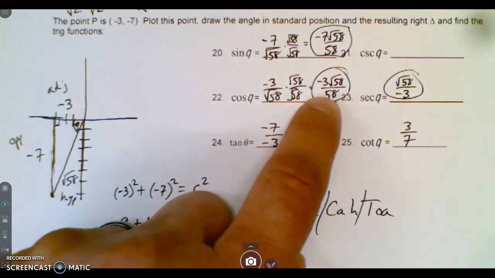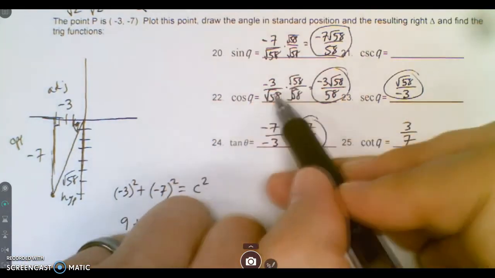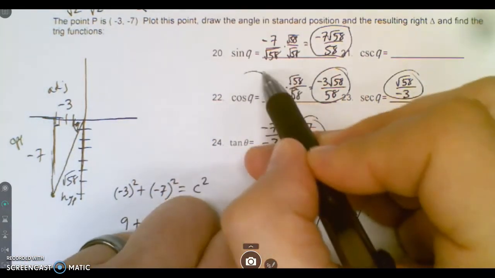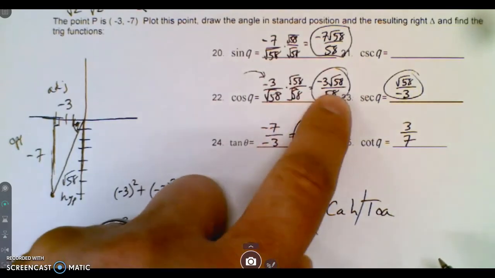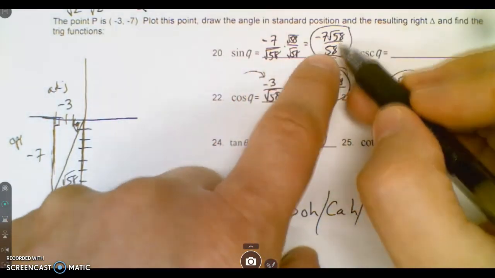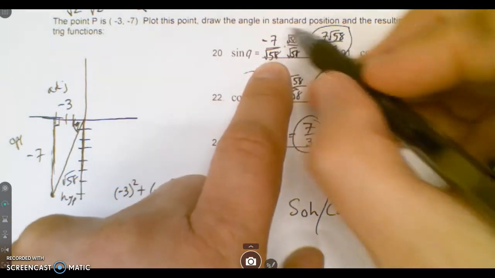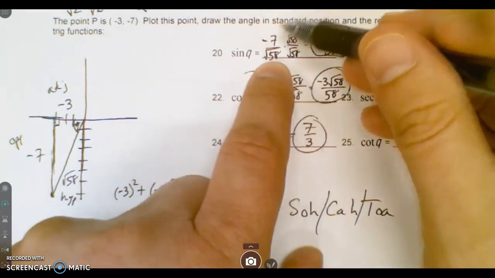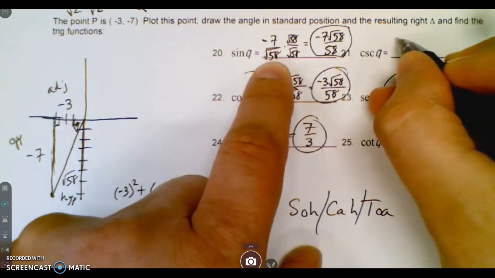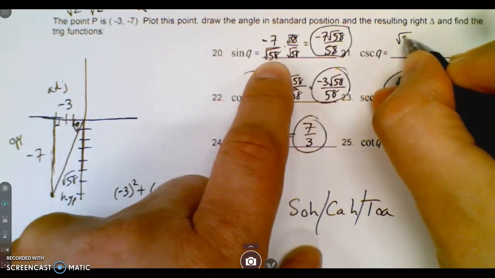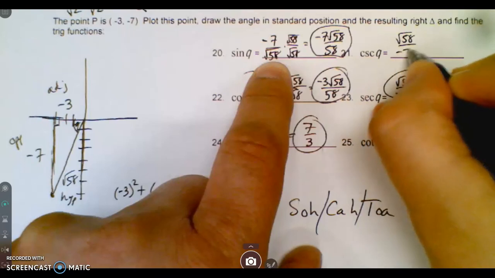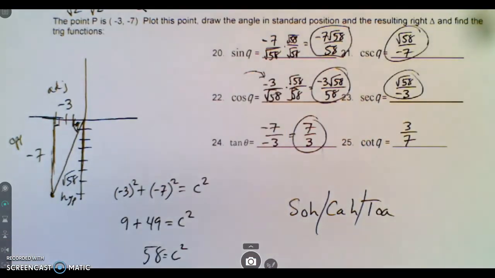Basically, it's better to flip the original problem here, before I did the fixing, than to flip this, because then you'd have to fix it. Same deal here. I could flip this, but that would be more work. If I flip the original opposite over hypotenuse to be hypotenuse over opposite, it's going to be a nicer answer.